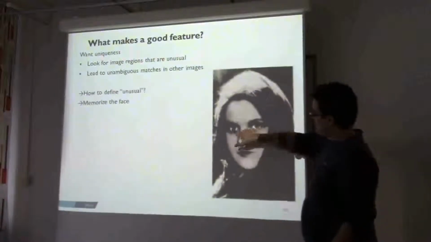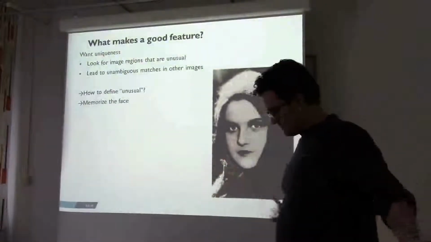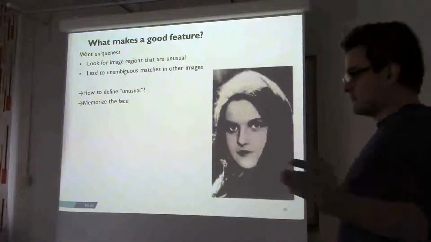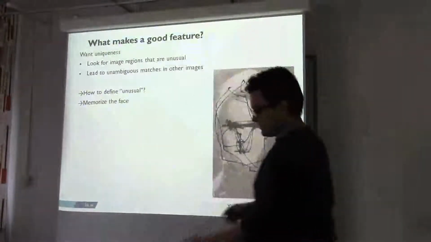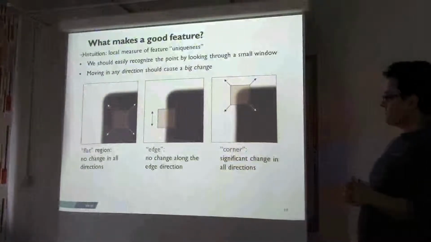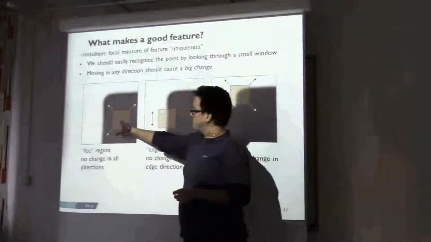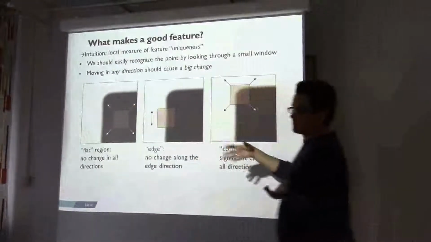But these points here are unique in the sense that if you look around and you move, things change a lot. So this is the idea behind what makes a good point for recognition. Not a flat region, where if you move, things don't change much.